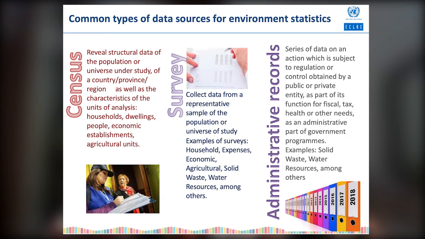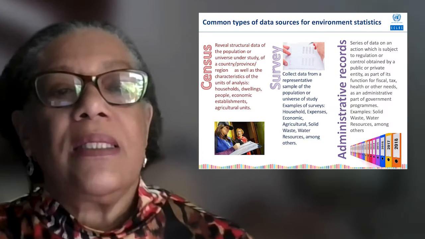So looking at the common types of data sources. Censuses look at the structural data of the population that is under study, and you can look at the country, a province, a parish, a region in the country, and also analysis of the households, dwellings, people, the economic establishments and agricultural units.